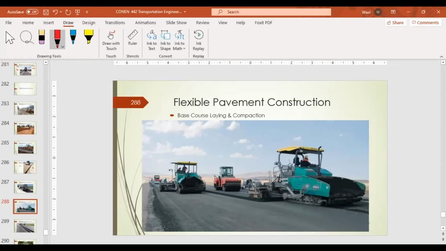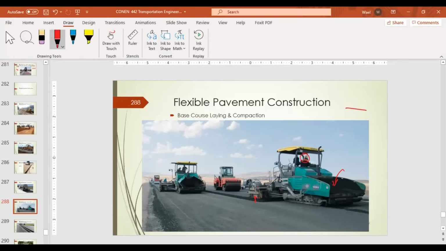The asphalt mix comes from the batch plant, and they put it here, and there's laser leveling for this part, so the technician can control the thickness and the slope and a lot of things, even the super elevation, the inclination.